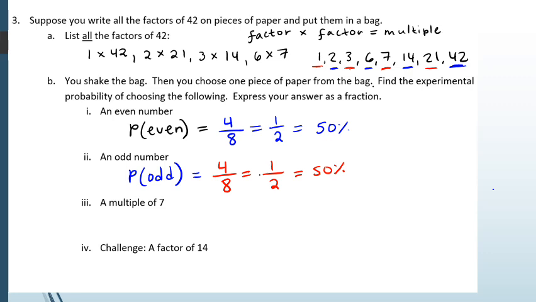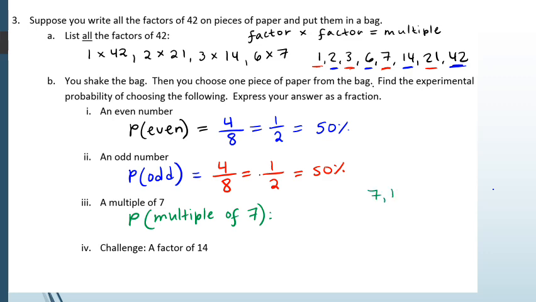What's my probability of getting a multiple of 7? So P(7) equals, or actually I should say P(multiple of 7). That's a little bit different. So again, thinking multiple of 7. With multiples, you want to think like a multiplication chart.